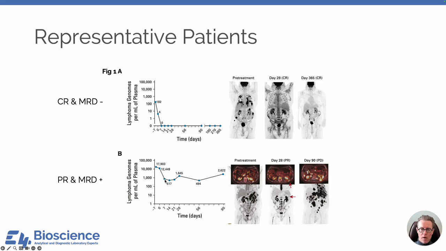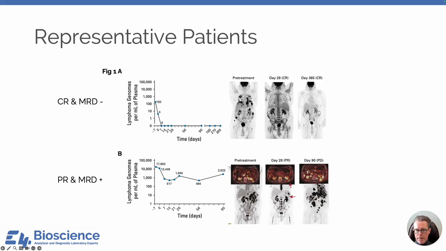They are blasted with chemotherapy, and you can see they still have somewhere between 800 and 1,000 lymphoma genomes per mil of plasma. And at no point along their timeline, which goes out to 90 days, are they ever MRD negative. So again, imaging data, we can see a fair bit of disease.